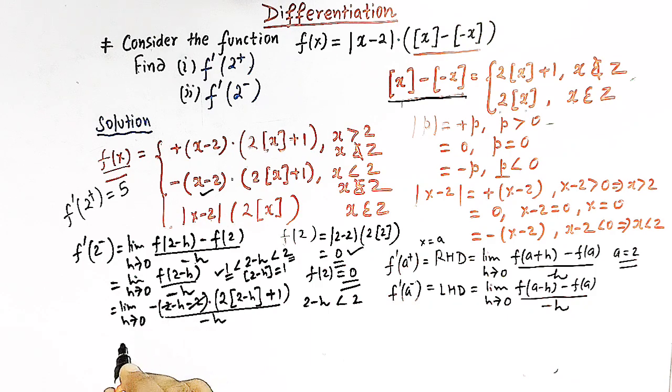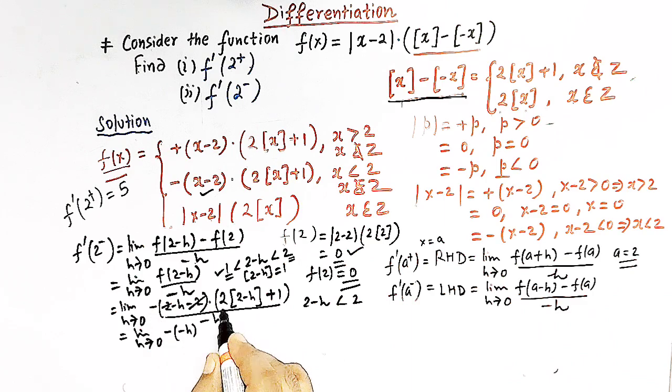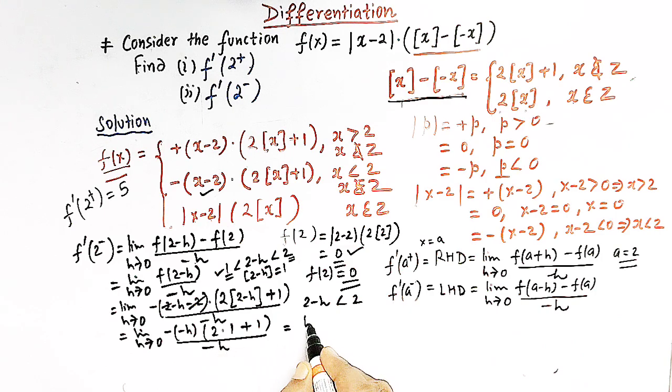So now here we have limit h tends to 0. Here we have the negative sign, then we have minus h, and here we have 2 times the greatest integer of 2 minus h, that is 1, and here we have plus 1, and in the denominator we have minus h. So we have limit h tends to 0, this is minus minus plus, so we have positive h, and here 2 times 1 is 2, 2 plus 1 is 3, and here we have minus h.